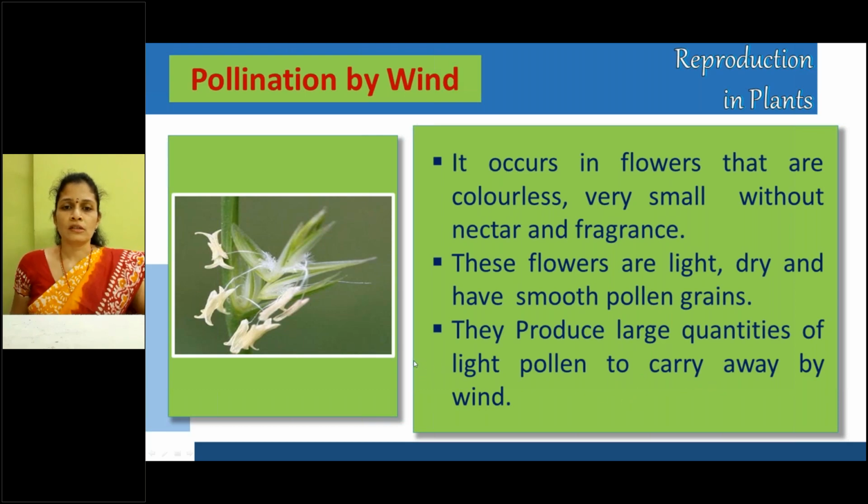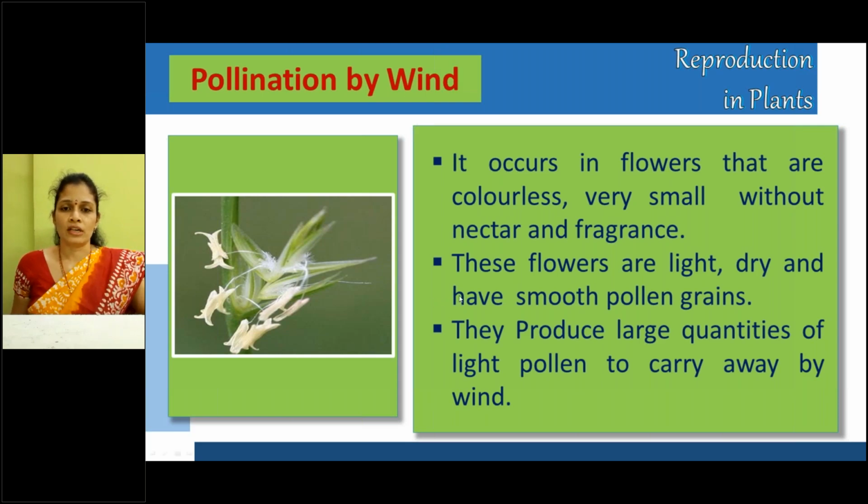See here, children, these wind pollinated flowers are very light and colorless and they don't have any smell, and they don't produce nectar, because they need not attract insects, since they are pollinated by wind. So they produce a large amount of pollen grains, and the pollen grains are very light, which can be carried away by the wind.